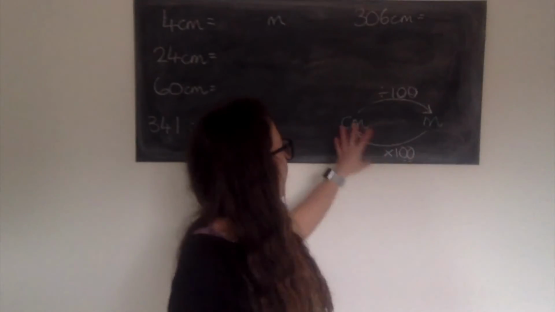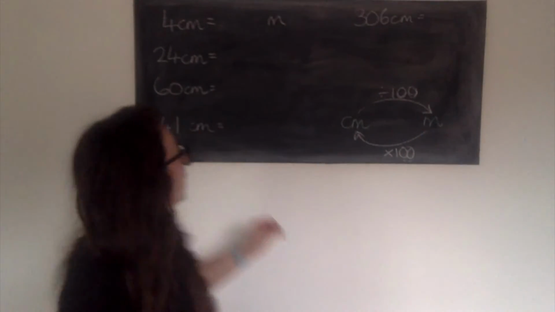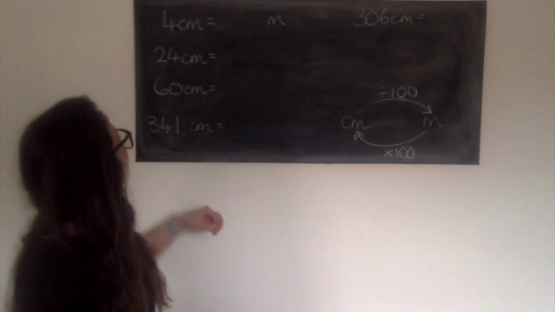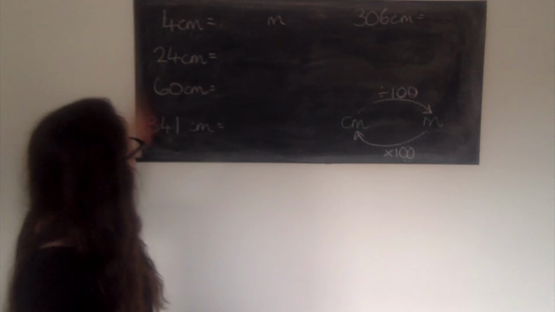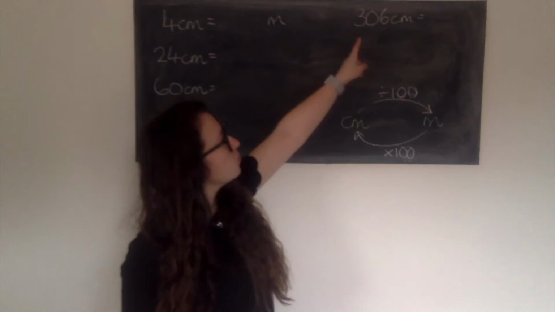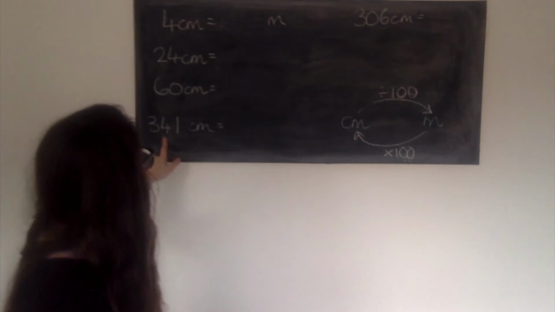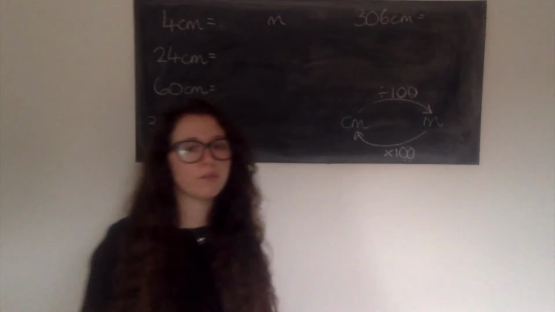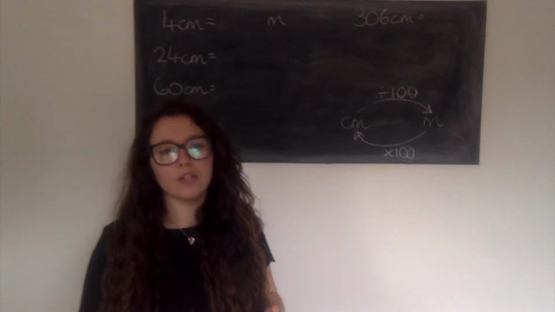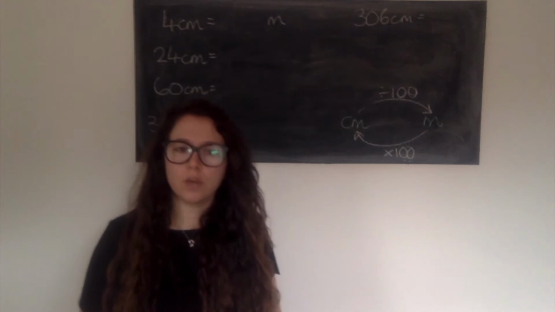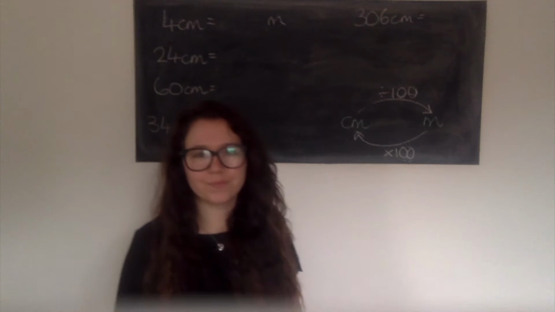And I want you to use that conversion and convert these centimetres into metres. So think about what you need to do. You've got 4 centimetres, 24, 60, 341 and 306 centimetres, and I want those in metres. Now for these two, see if you can write your answer in metres as a decimal and also as metres and centimetres. If you're not sure what I mean, don't worry, we'll go through them in a moment.